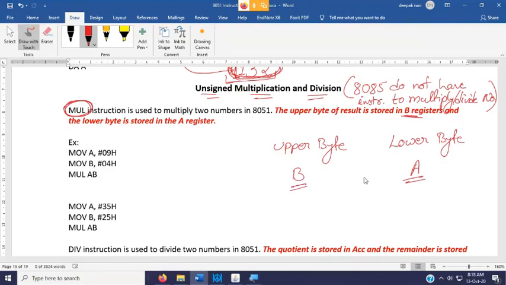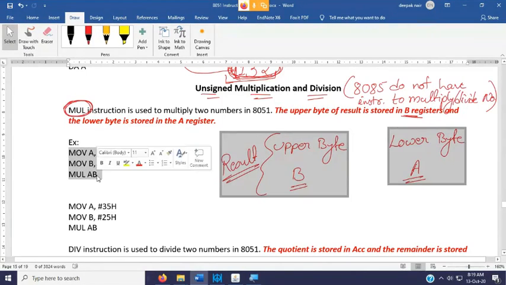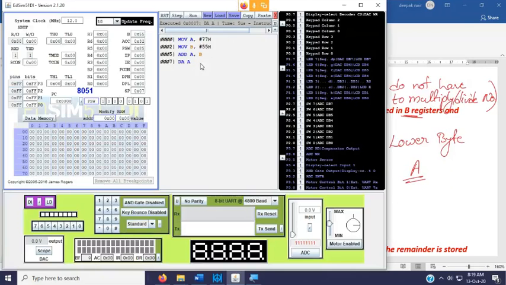So after any multiplication, to read the result you have to read both the accumulator and the B register: in the B register you will get the upper byte and the lower byte will be in the accumulator. Remember this, because sometimes people get confused that the accumulator will get the upper byte and the lower byte will go to the B register. So don't make that mistake.